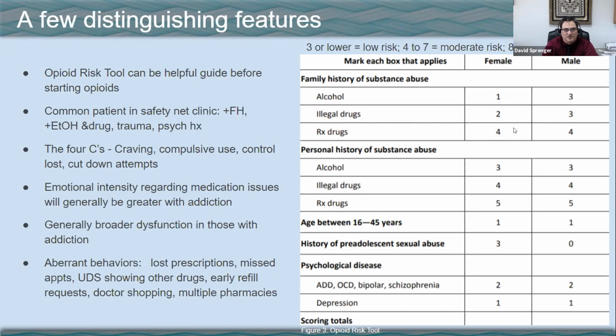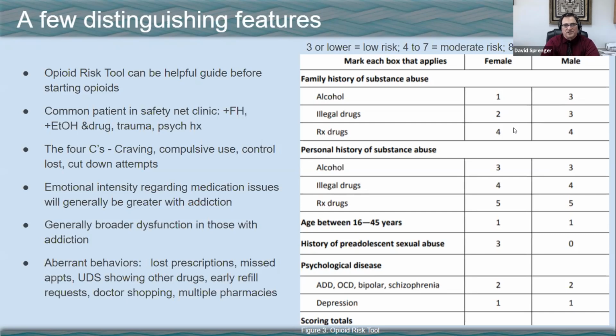Routine is the friend of the person with any chronic illness, and those people who have been in treatment for their chronic pain a lot of times will not be nearly as disorganized as those people who also have addiction.